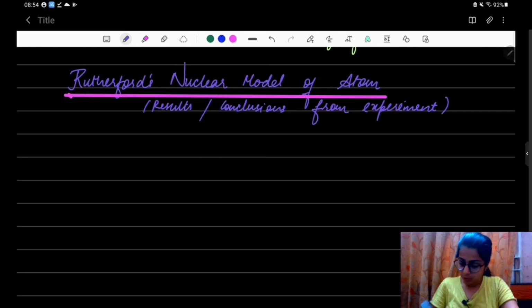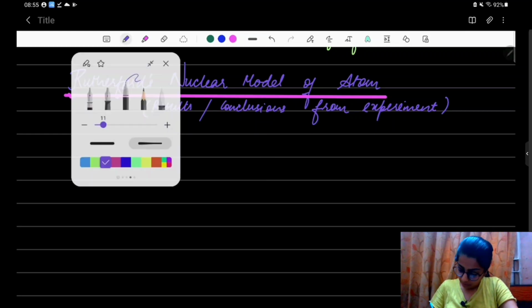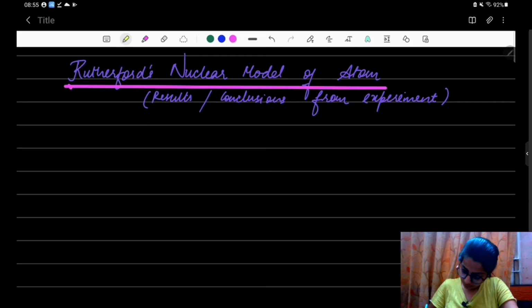So the experiment we have already seen. Now we are going to understand what conclusions can be drawn from that experiment, that graph. So let us write down the conclusions one by one.